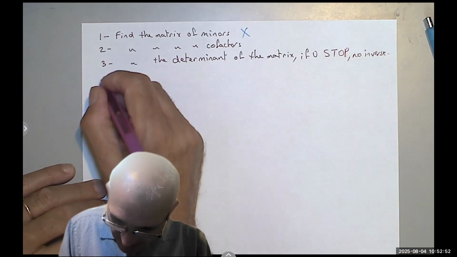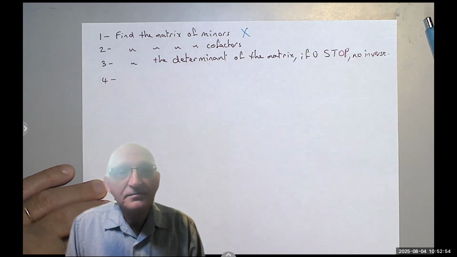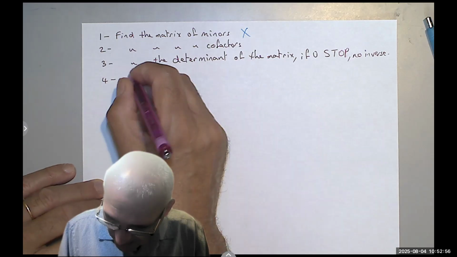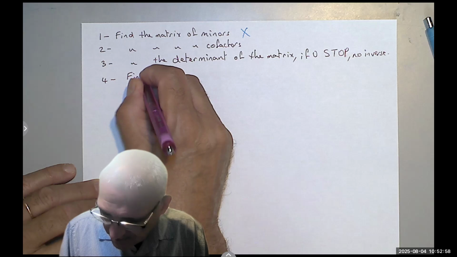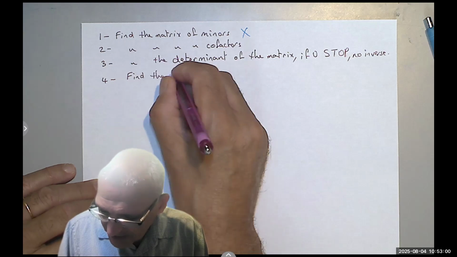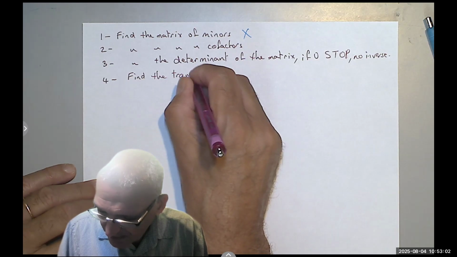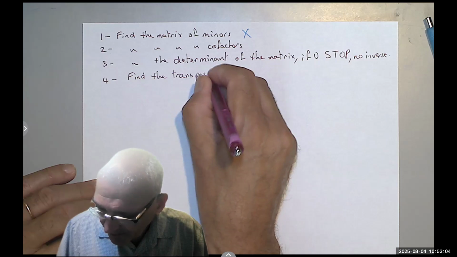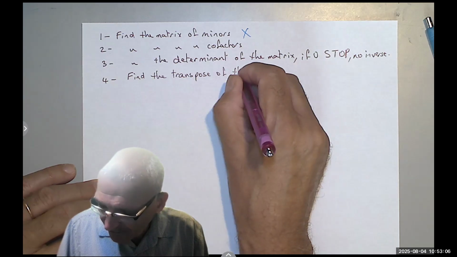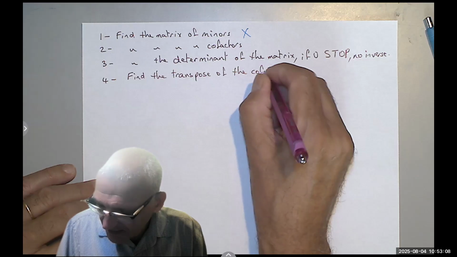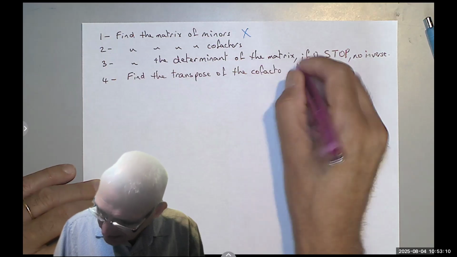Okay. Step number four, find the transpose of the cofactor matrix. What's the transpose?